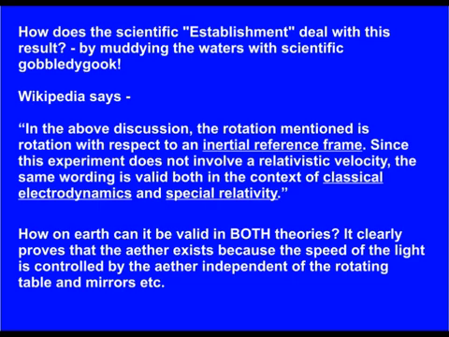Since this experiment does not involve a relativistic velocity, the same wording is valid both in the context of classical electrodynamics and special relativity." How on earth can it be valid in both theories? It clearly proves that the ether exists because the speed of the light is controlled by the ether, independent of the rotating table and mirrors.